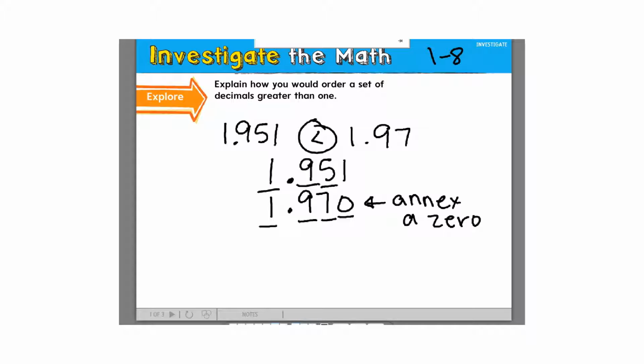So when we annex the 0, basically what we mean is that we add in a 0. In order to start to compare those numbers, you're going to even out both of those numbers. One of them went to the thousandths place and the other one only went to the hundredths place. So we added in an extra 0 in order to make sure we knew which one was bigger.